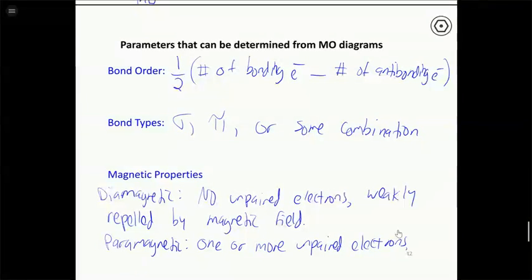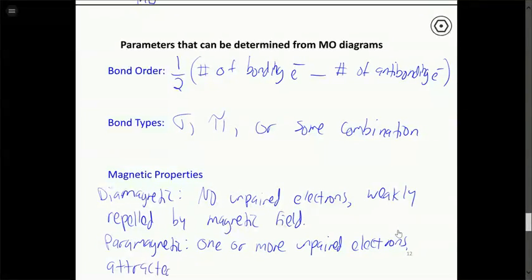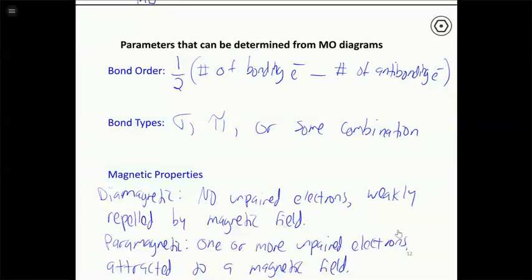And as we saw for liquid oxygen in that video, these are going to be attracted to the magnetic field. All right, so this is probably the most powerful aspect of molecular orbital theory, that we can now accurately predict the magnetic properties of molecules, which we cannot do with valence bond theory.